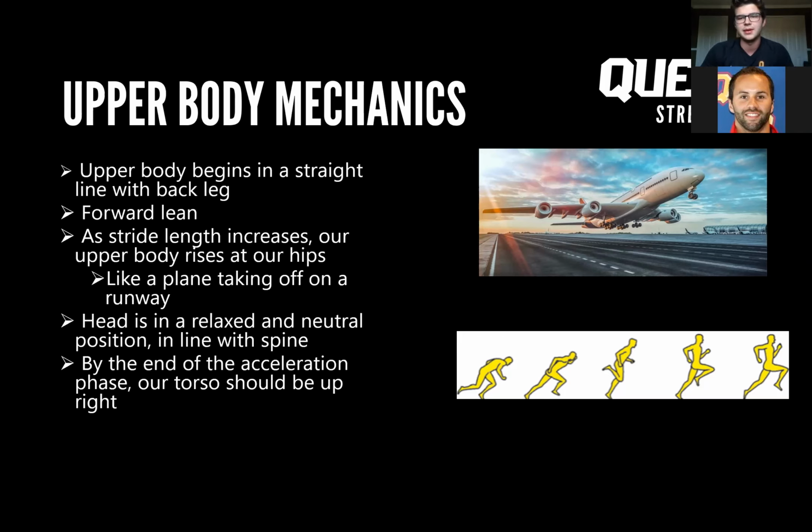It slowly begins to increase that angle as it moves forward until it gets to the height that it wants to. Again, our head is relaxed and in a neutral position in line with the spine created by our neutral pelvis. And like I said, by the end of the acceleration phase, our torso should be upright, as seen in the guy at the very end, as we start to move into maximum velocity.